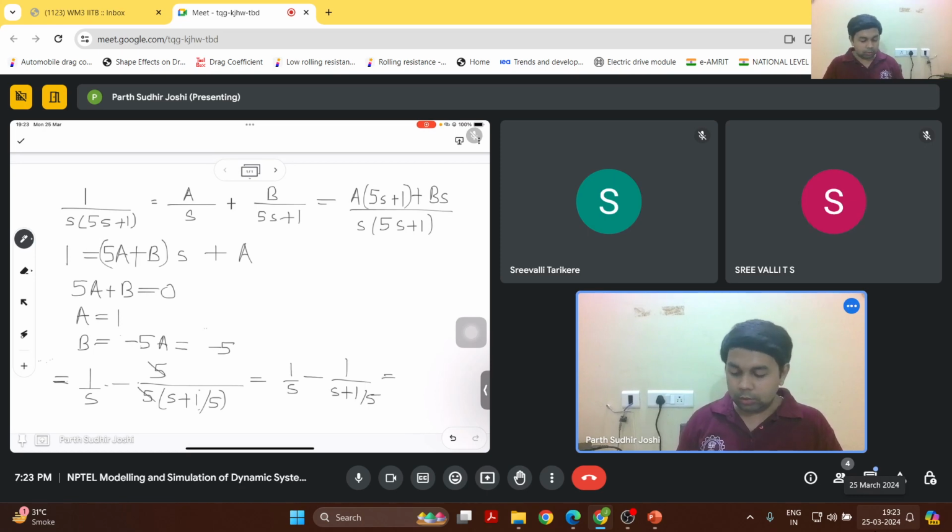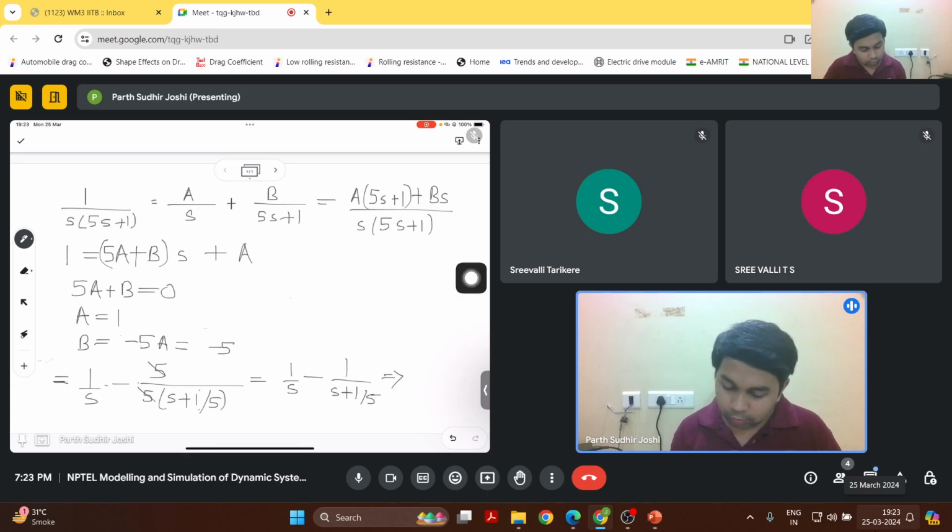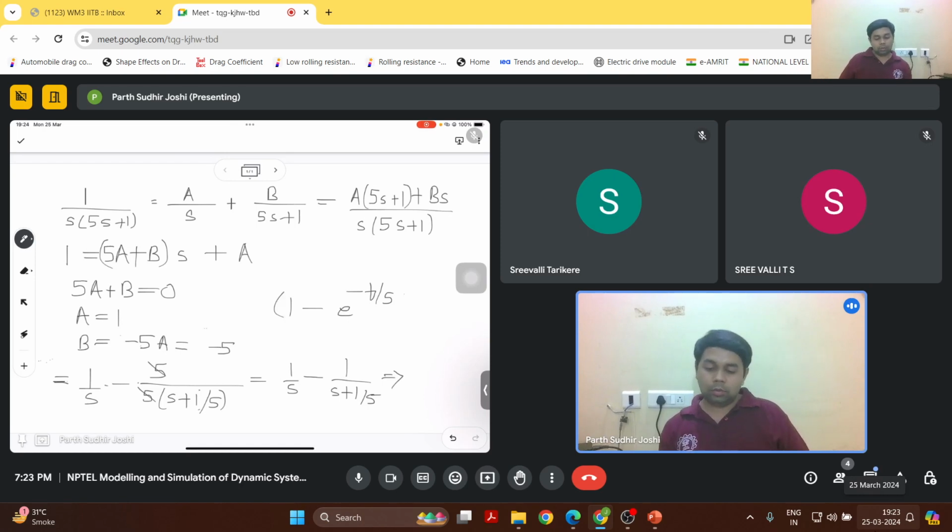So the inverse Laplace transform for this will be 1 minus e to the power minus t by 5. So this will be our response. This is how we can get the response for this first order system.